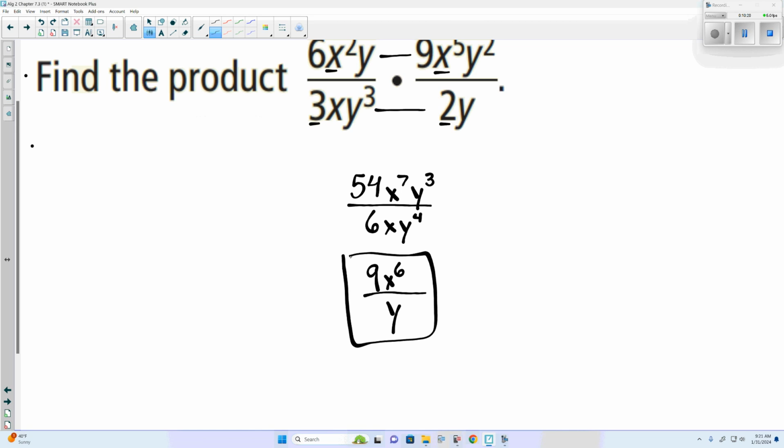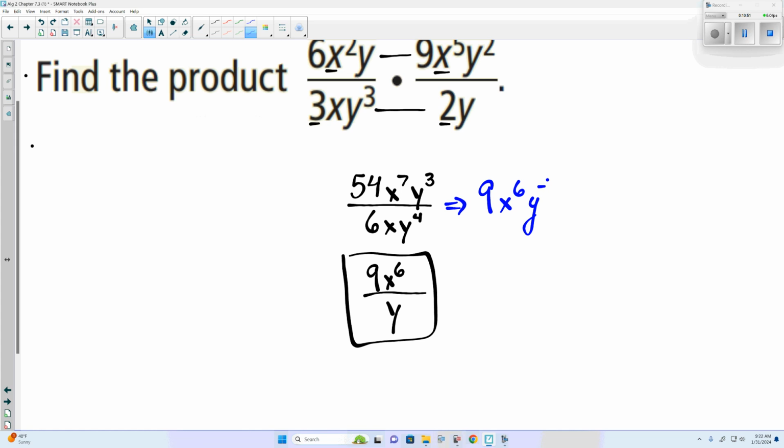Now, yes, according to the theorem, and I'm going to show this here, 9 is what we had first. We would go through and subtract exponents. X to the 7th over x to the first, 7 minus 1 would give us x to the 6th. And strictly according to this theorem with division, we would subtract the variable's exponent on the bottom from the variable's exponent on top, which would be 3 minus 4, which is negative 1.